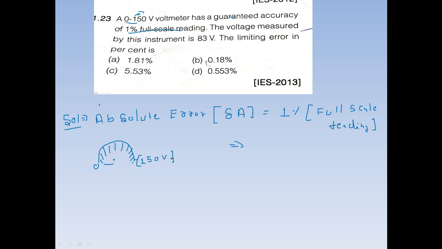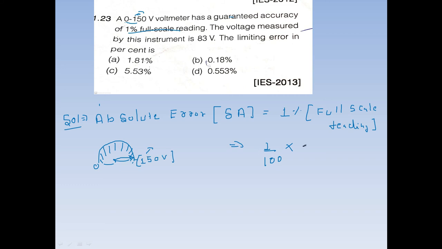So in this numerical we have to find the error that is 1% of the full scale reading. So 1 divided by 100 into the full scale reading, where the pointer actually goes to the final value.